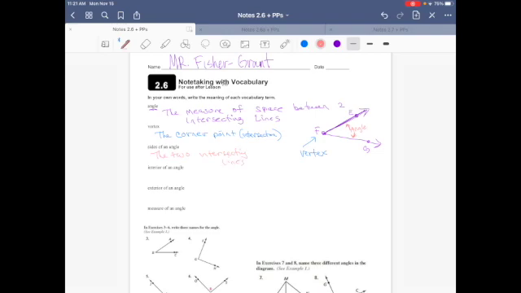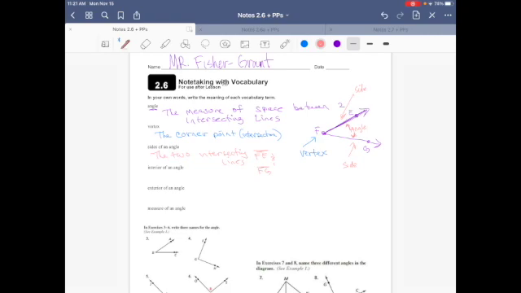So for ours, that's this one here, that's FE, and this one here, FG. FE and FG. These would be the sides. So that's a side and a side.